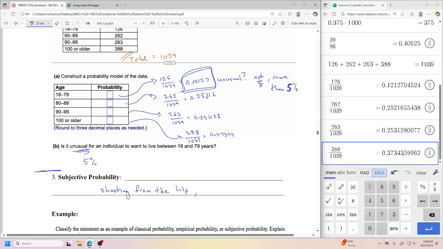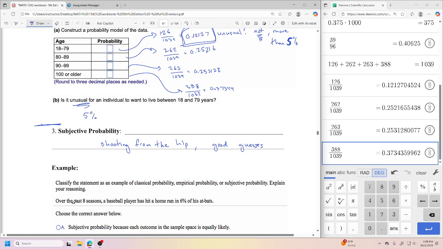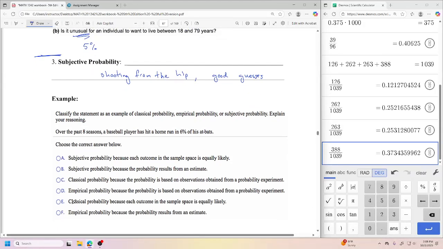They don't know what they're hitting. They're all over the place, right? And it just looked cool. So it's good guesses. It's just you're guessing. I'm going to give you this question, but I have my own as well. So, shooting from the hip or good guesses.